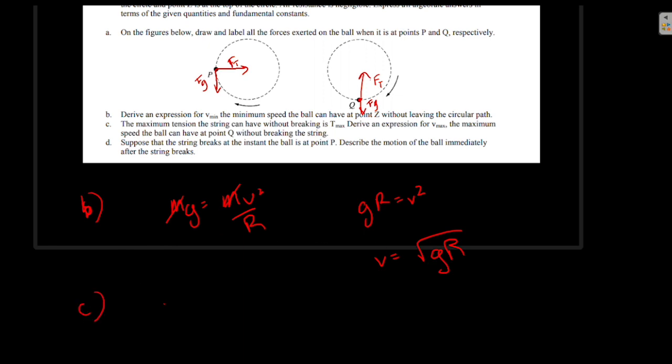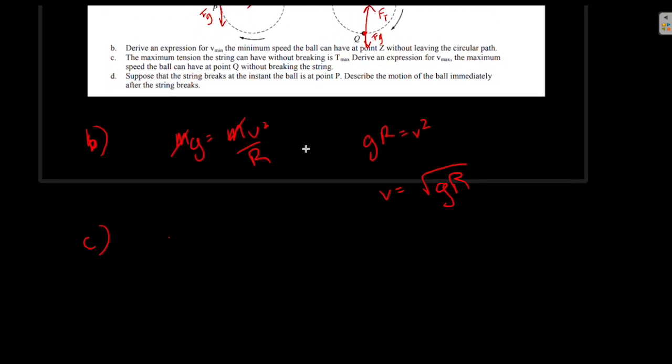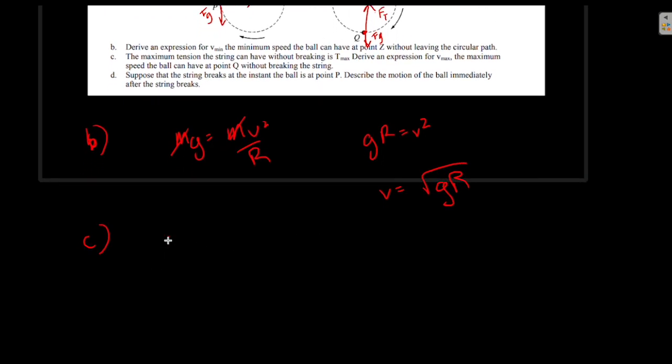Looking at part C, the maximum tension the string can have without breaking is Tmax. Derive an expression for Vmax, the maximum speed the ball can have at point Q without breaking the string. So we're going to have Tmax minus mg. Basically the maximum tension minus mg gives us the maximum centripetal force, which is equal to mv squared over r.